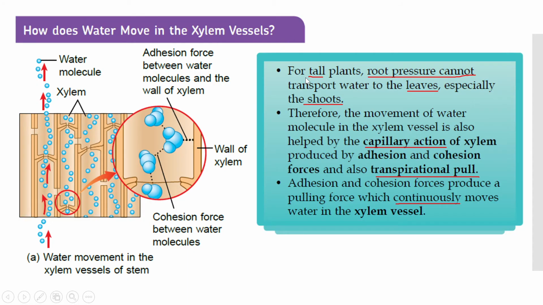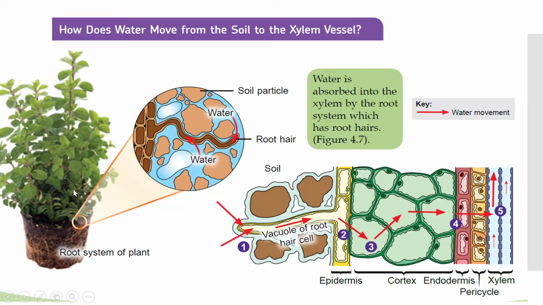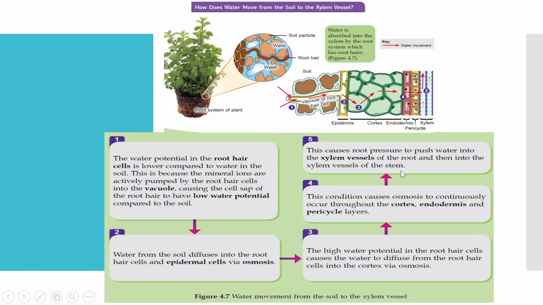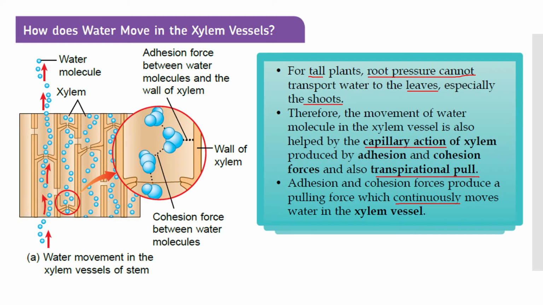Now this is the second action, by means of capillary action, because you can already see water movement in the xylem vessels of the stem. So here we will be looking at the capillary action. For tall plants, root pressure cannot transport water to the leaves, especially the shoots.